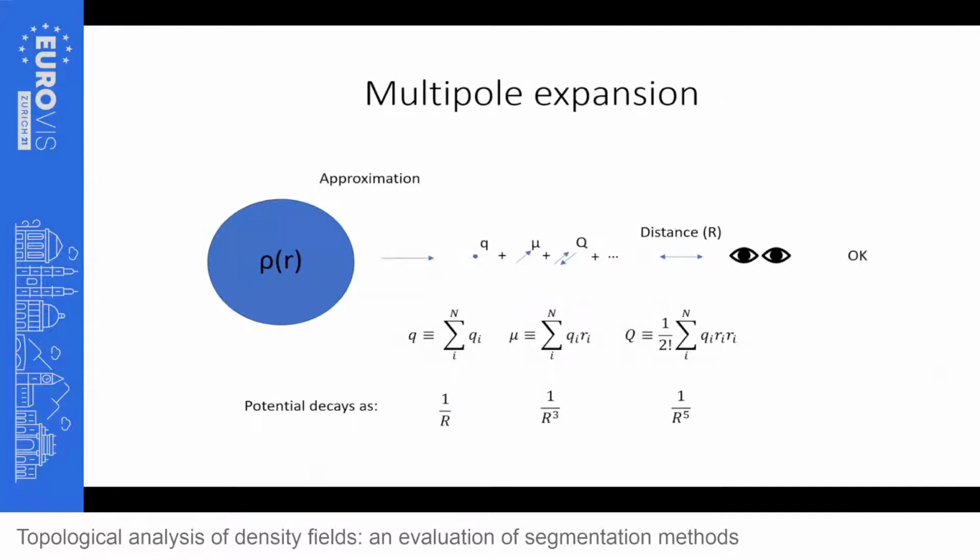And to fix this, what people do is utilize the multipole expansion, which means that your charge density volume is now described as several different electrostatic descriptors, namely charge, dipole moment, and quadrupole moment. In practice, it's fine not to go beyond the dipole moment because, as you can see here, the quadrupole moment decays as 1 over R^5, which is very fast.